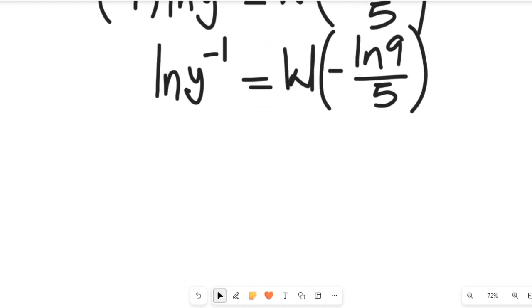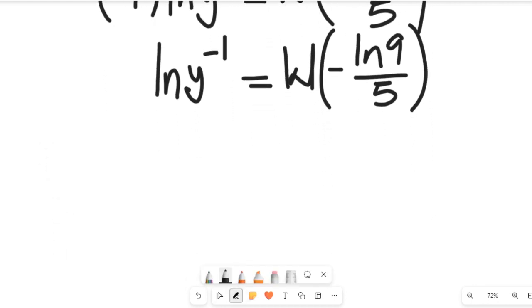Great. Now, at this point, we are going to simplify finally. Now, what I want to do is I want to take the natural exponent of the left and the right hand side. The reason why I'll do that is so as to clear the natural logarithm that is found on the left hand side.